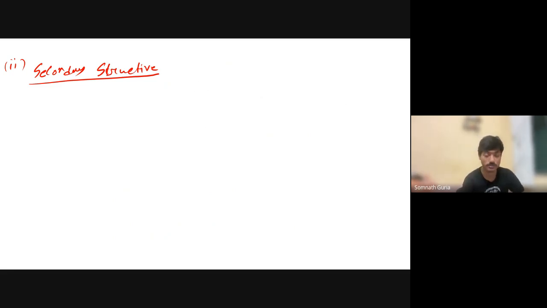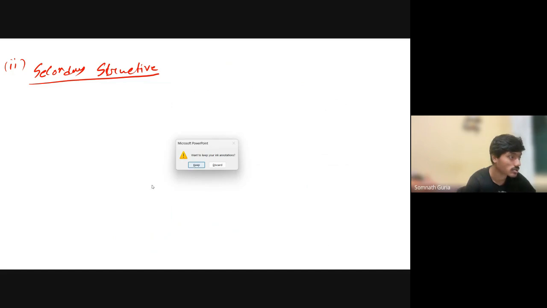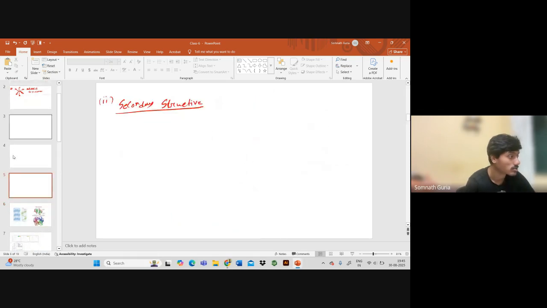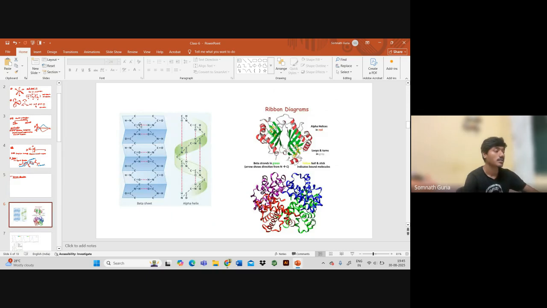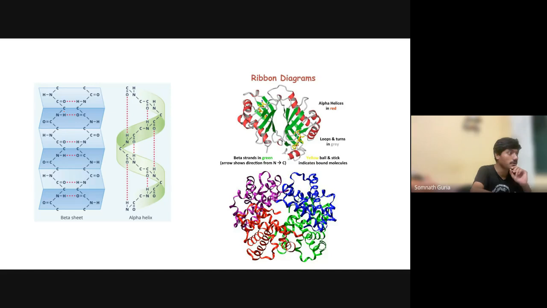So we have some structures over here. In the next page we have this structure, where our primary structure is carbon, nitrogen, CO, carbon, nitrogen, CO, carbon, nitrogen, CO. This is the primary structure we are talking about.